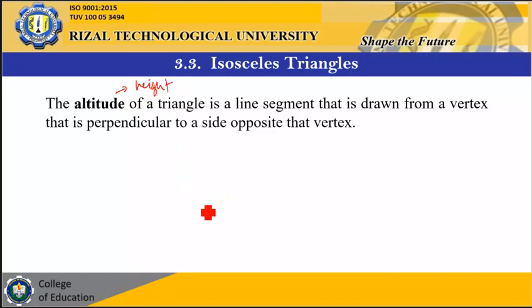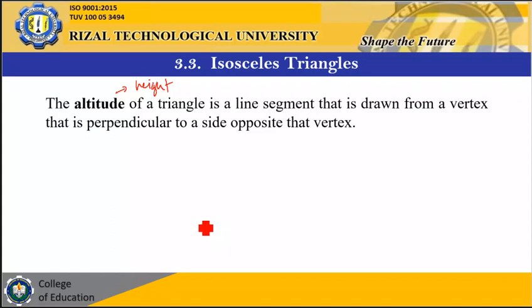Okay, it's synonymous to the height of the triangle. It is a line segment that is drawn from a vertex that is perpendicular to a side opposite that vertex. So we can see here that the altitude seems to be a median of a triangle, but it does not pass to the midpoint of the side opposite the vertex.